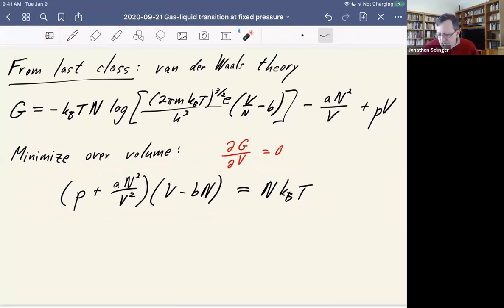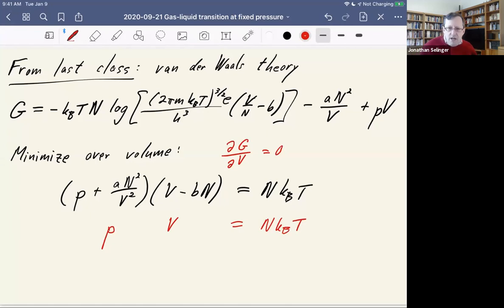And you can see that this is a modified version of the ideal gas equation of state, which is just pressure times volume equals NkT. So this is some improvement on the ideal gas equation of state.